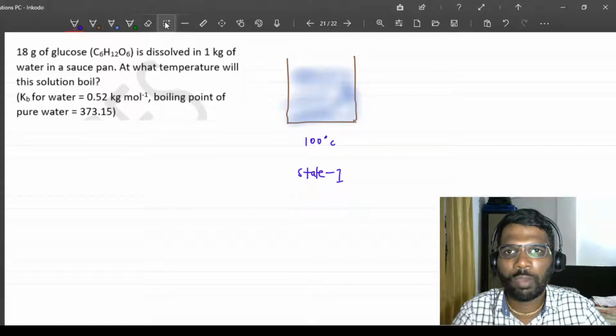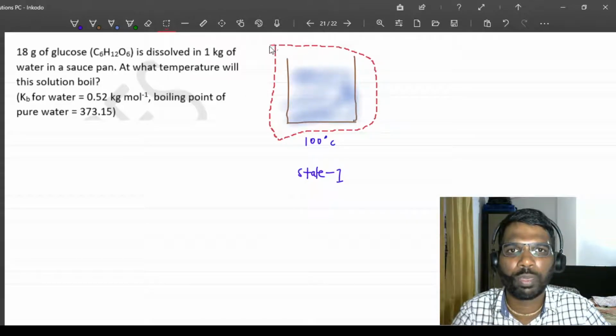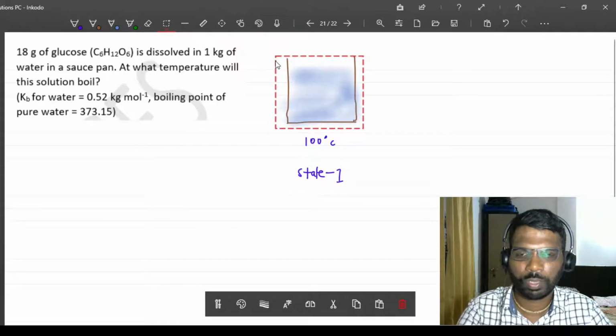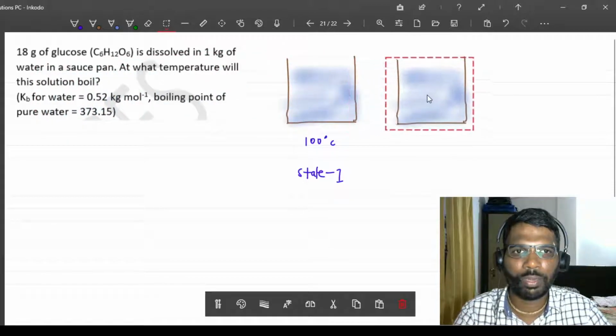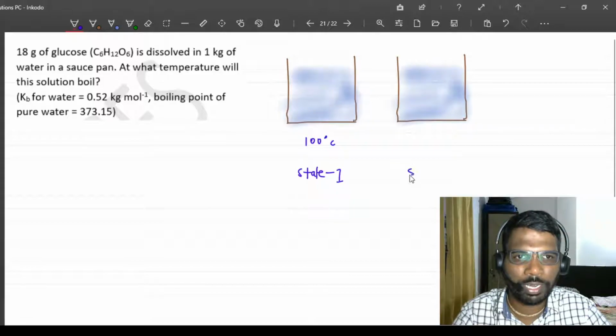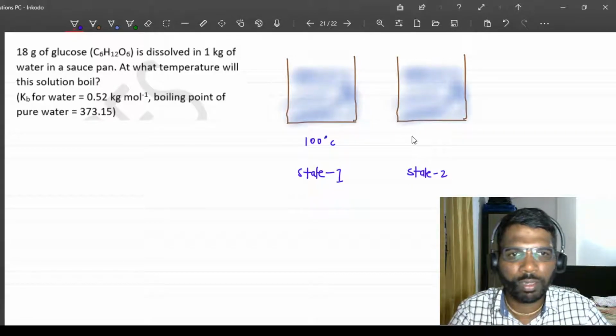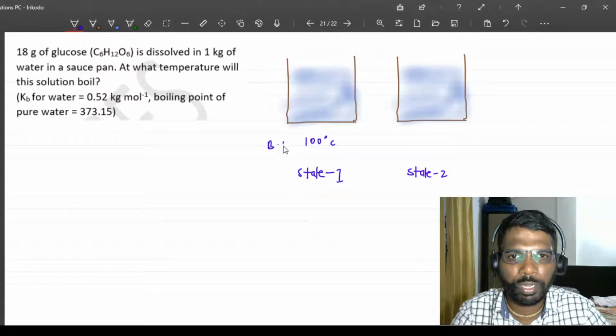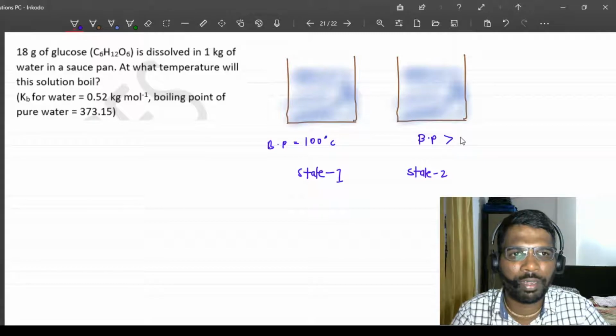Now I add some non-volatile solute, and the non-volatile solute over here is glucose. I am taking it to state 2, where the boiling point will be greater than 100 degrees Celsius, the boiling point of pure water.